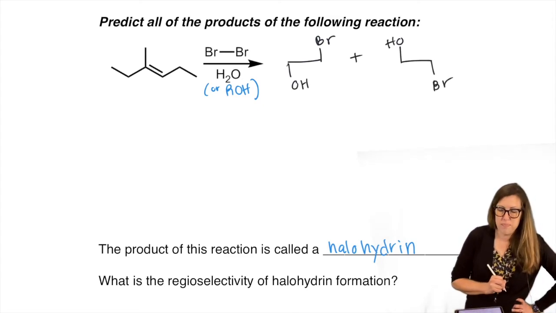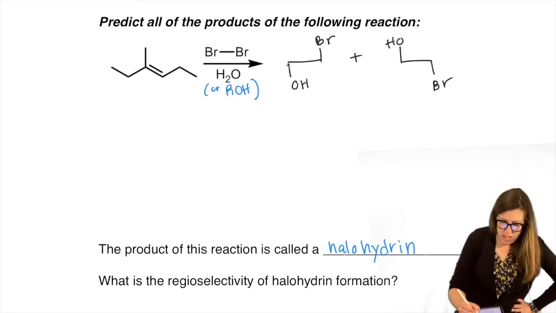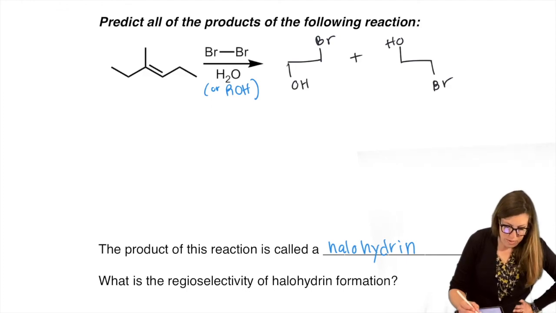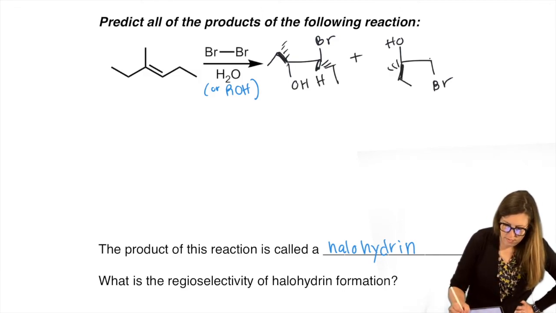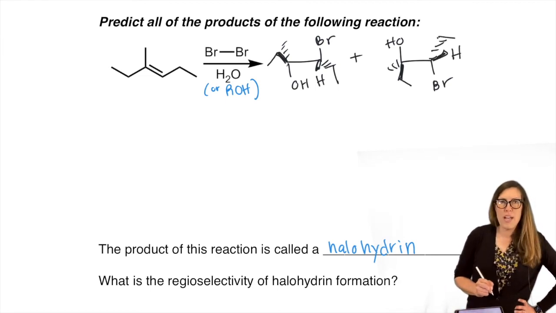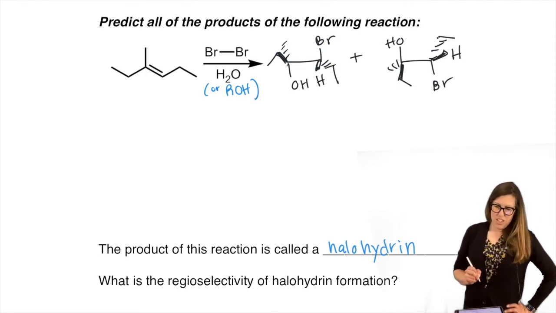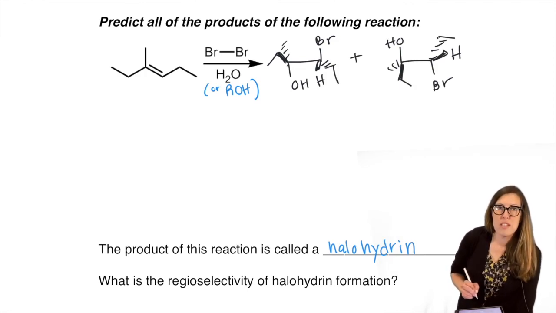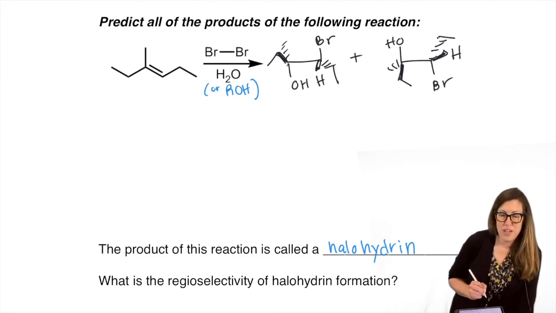Notice how I drew those? And we're going to have stereochemistry to worry about too. So let's draw that in. Okay, so I told you this is going to be a challenge, but it's a very common reaction we'll be using.